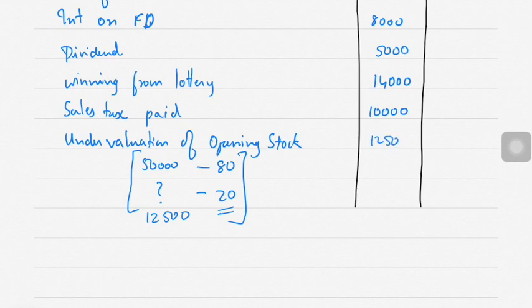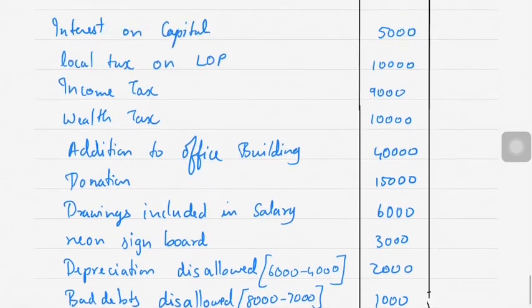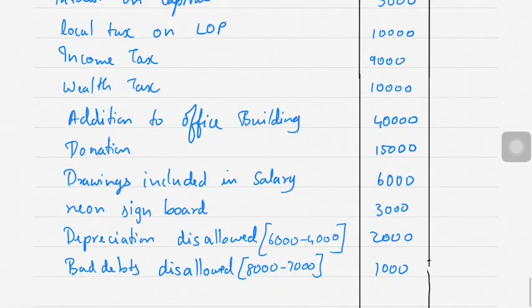So it is undervalued by 20%. So 12,500. Okay. That's it.